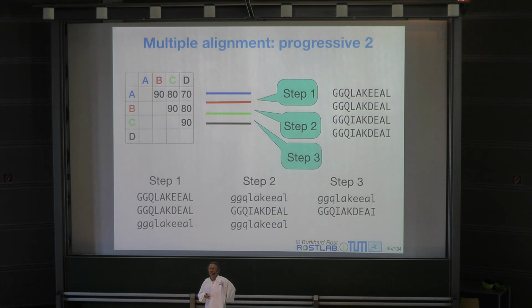Tell me another way of doing it. Anybody has another way of doing it? So again, I want to align 4 proteins and I want to map it to pairwise alignments because that's the only thing I can do.